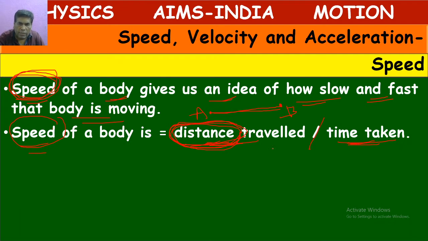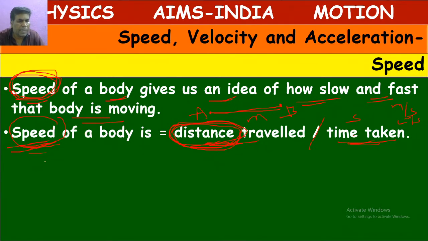The ratio of this distance by time is called speed. So speed is a ratio. Ratio of what? How much distance we have traveled and how much time we have taken. Distance traveled is measured in meters, time taken is measured in seconds. So the unit of speed is meter per second or centimeter per second.